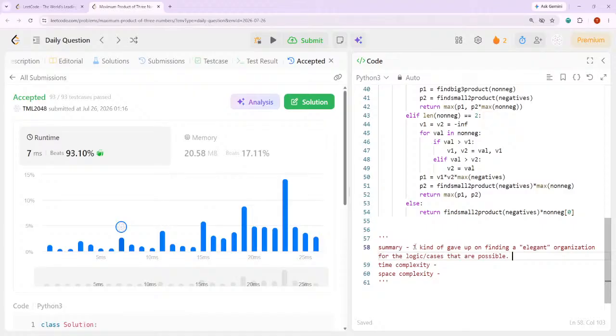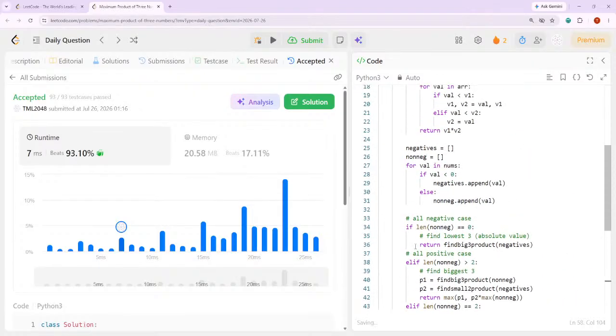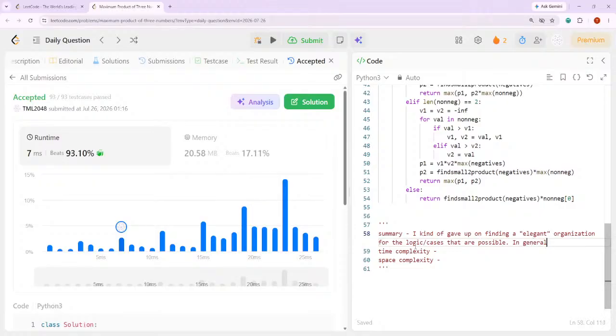And I'll say in general, you need to consider, I'll use P for positive and N for negative. So like positive, positive, positive versus positive and negative, negative.